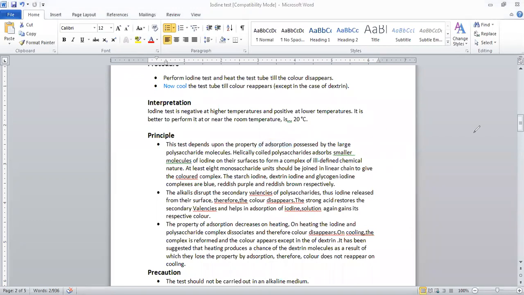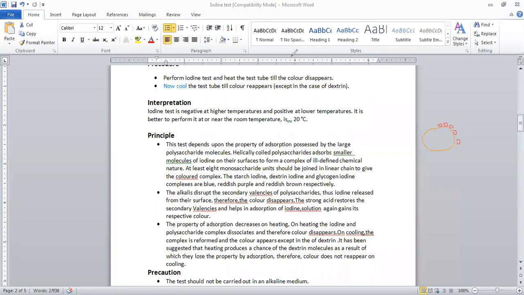Let's say we have a ball-like structure here, and in this ball-like structure there will be only attachment of particles on the surface of this ball. These particles would remain on the surface of this ball. It would be called adsorption.